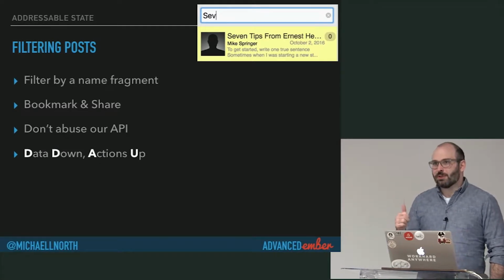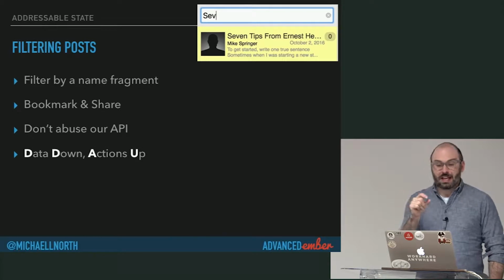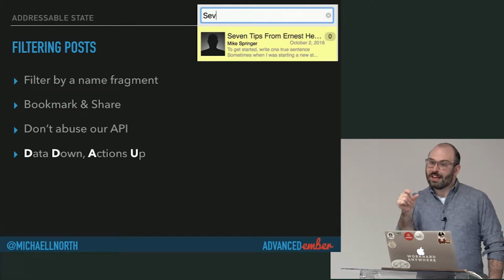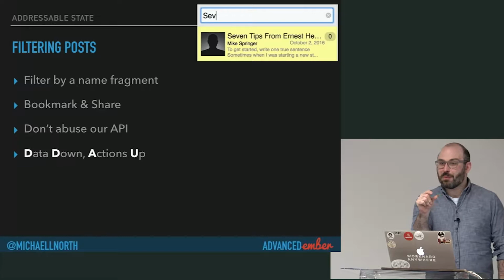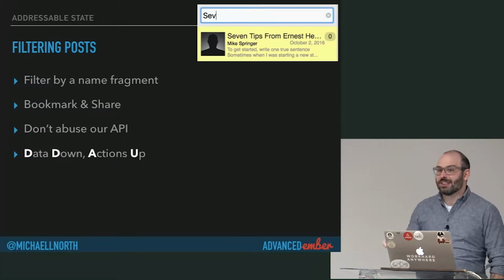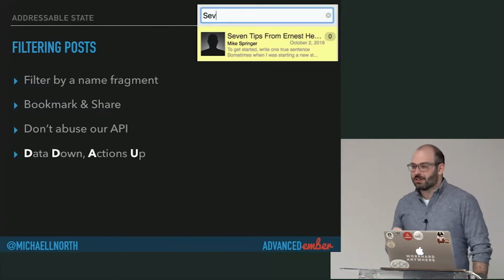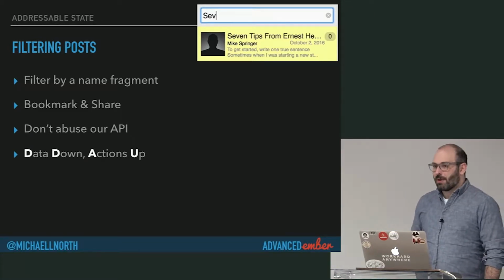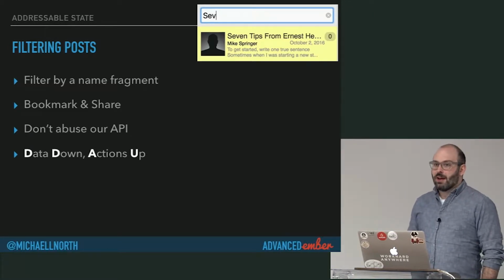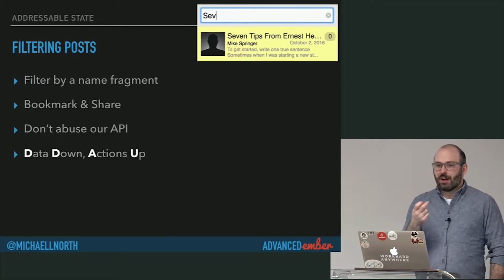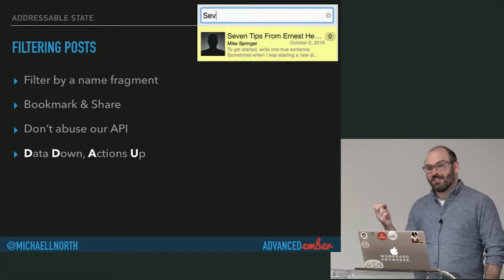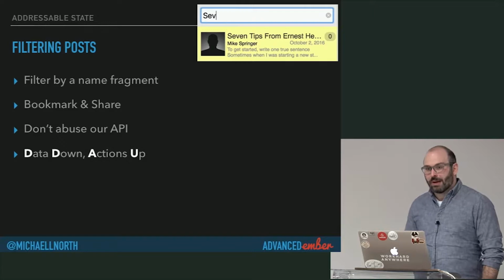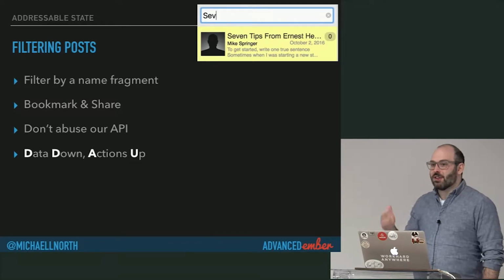You might want to avoid filtering until you see a minimum number of characters, like until you see a third letter present in the query param, you may want to abstain from actually going to fetch new records again. Alternatively, you can use an Ember run loop feature called debouncing, which basically will wait for a certain number of milliseconds of inactivity before it will allow an event to propagate.